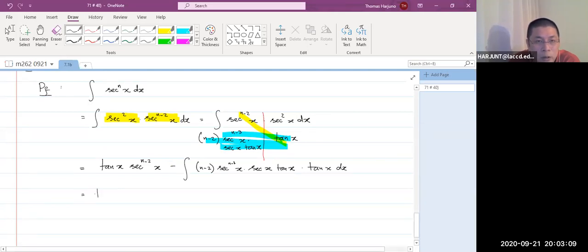Then go on further, tangent x times secant to the n minus 2x minus n minus 2 here. And then I have integral secant to the n minus 2 tangent square x dx.